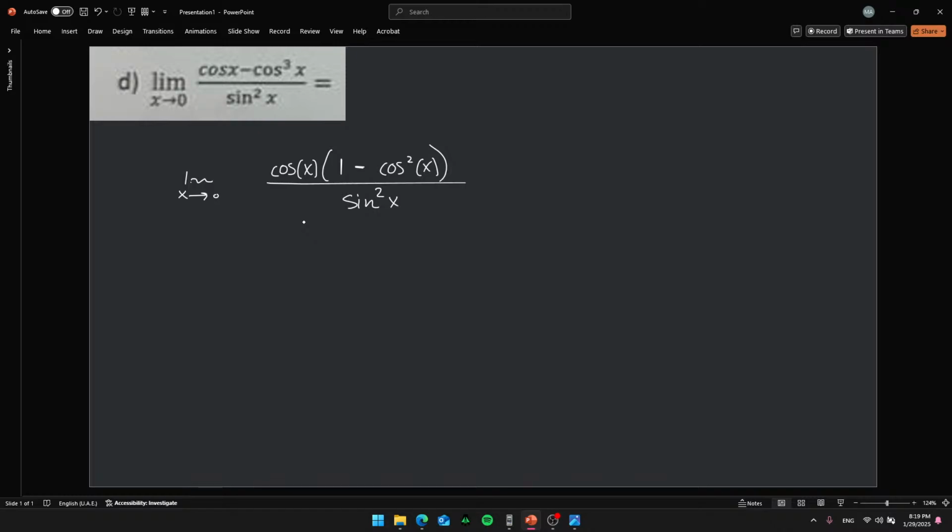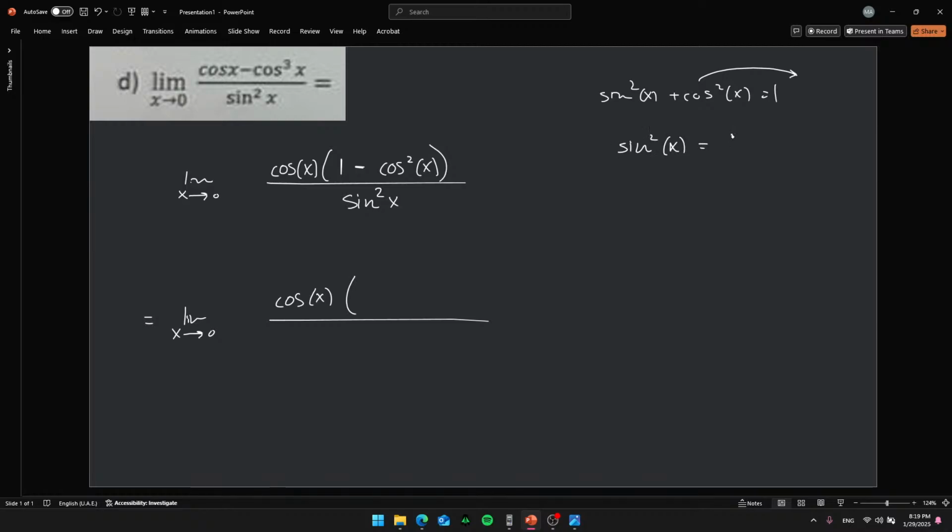And I can rewrite the sine square. Remember the trigonometric identities? Sine square x plus cosine square x equals 1. Now move the cosine to the other side. You'll get sine square x is equal to 1 minus cosine square x.